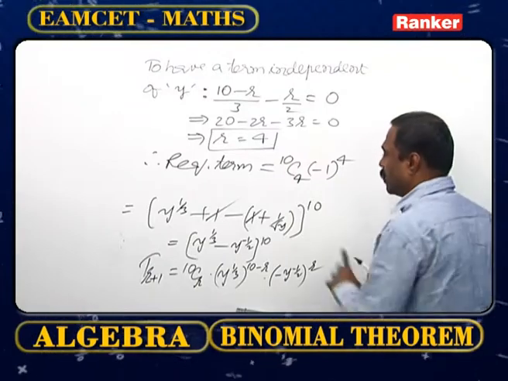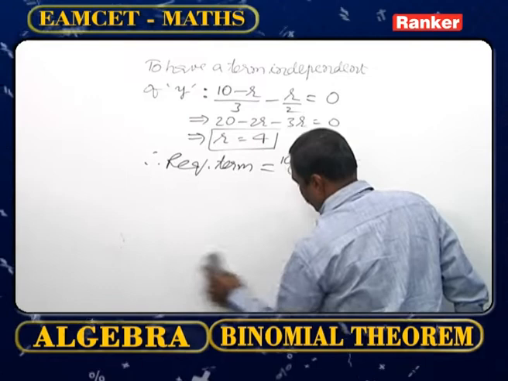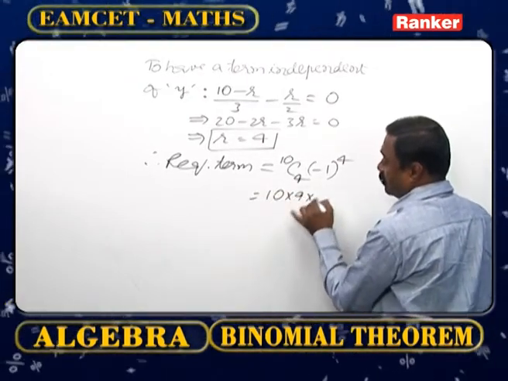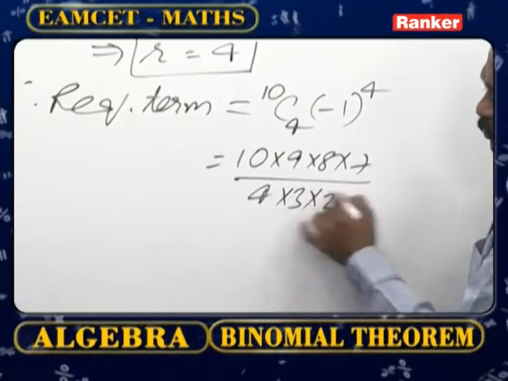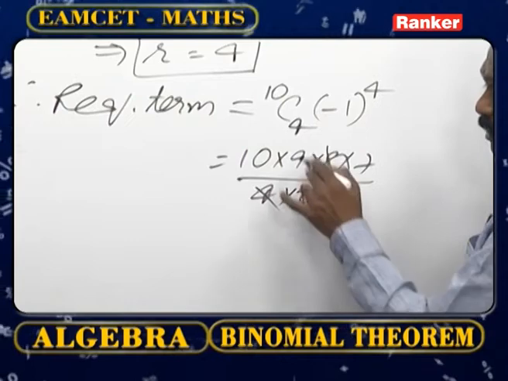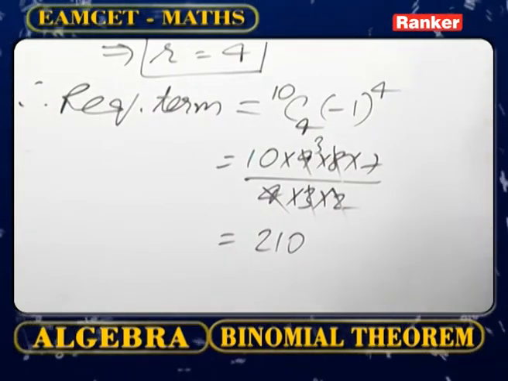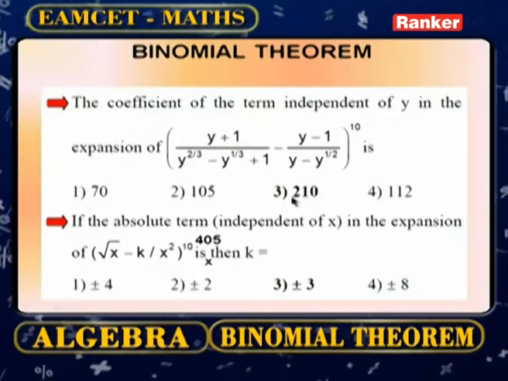Now what is 10c4 here? Simplify this to get its value. It is nothing but 10 into 9 into 8 into 7 upon 4 into 3 into 2. These two getting cancelled, and it is 3, and 210 is the required answer for this one. You can check the options there.